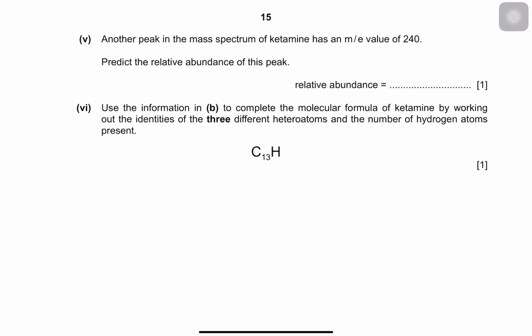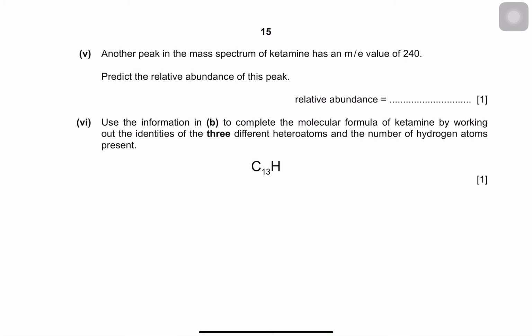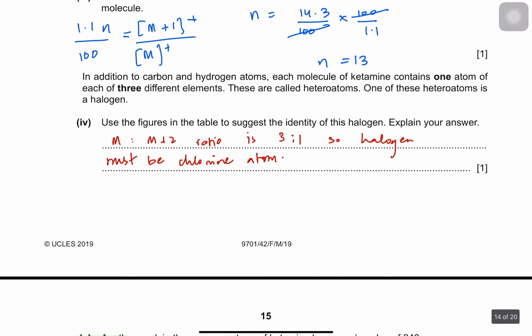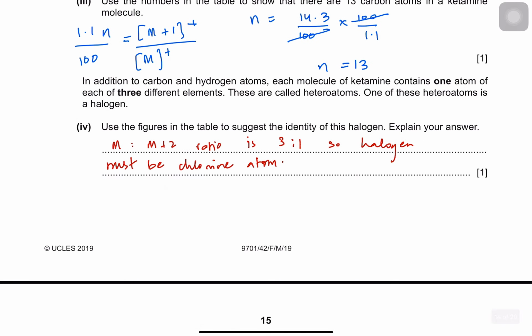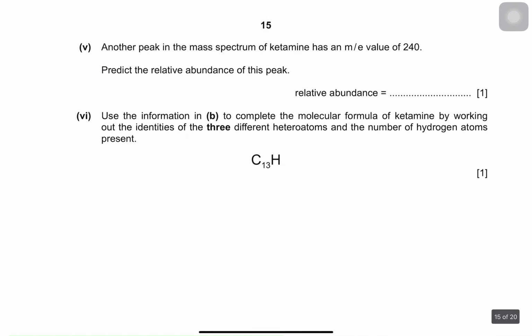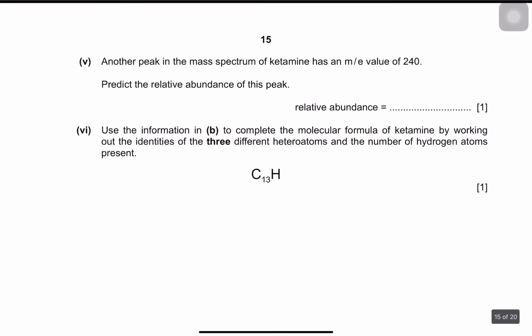So we'll have to find out what the abundance will be. They have given some other information. In addition to carbon and hydrogen atoms, each molecule of ketamine contains one of each of the 3 different atoms. These are called heteroatoms. There's no other information over here. We'll have to solve it somehow.